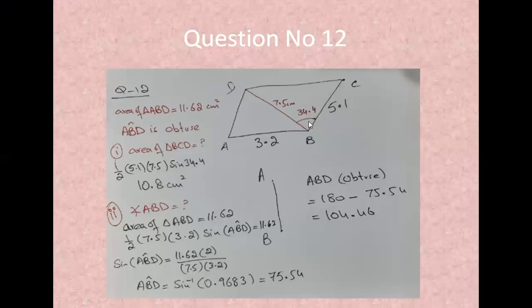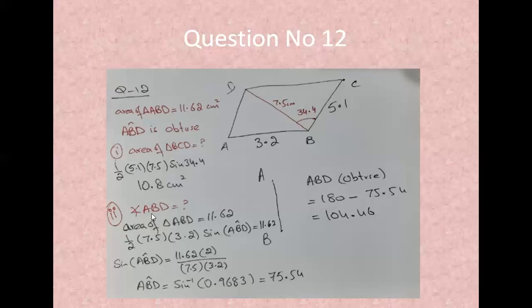So the angle between the two given sides, 5.1 and 7.5, is 34.4 degrees. So I can find the area of this triangle BCD, and that's very easy, you know. The area of BCD will be 1 divided by 2 into 5.1 into 7.5 into sine 34.4, and that will be 10.8.